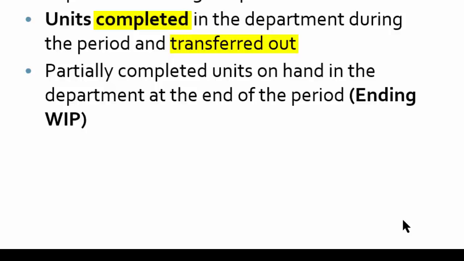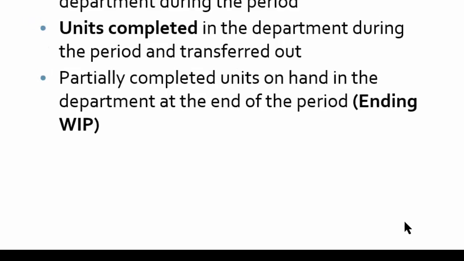We would consider these last units to be our ending work in process inventory. For example, we might have fried potato chip slices but not yet flavored them in the cooking department example we looked at a couple slides back. The physical number of units we worked on includes all the chips we fried and flavored and transferred to packaging. It also includes the chips we fried but had not yet flavored.